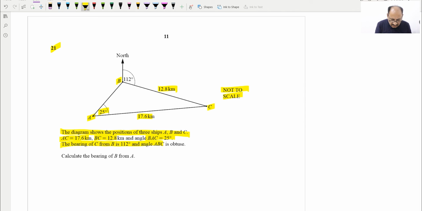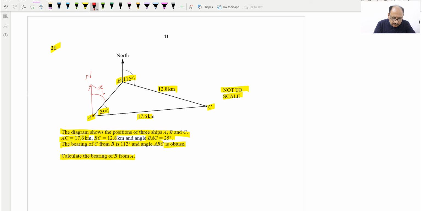The bearing of C from B is 112, which is obtuse, and calculate the bearing of B from A. B from A will be which angle? We can draw the north at A, and this will be our north, and the bearing required is this one. This angle is required.